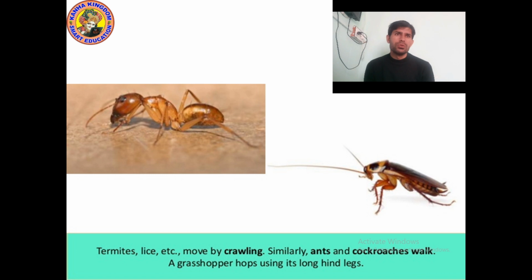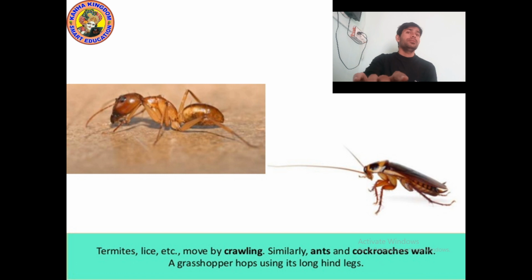Butterflies, mosquitoes, and flies have two pairs of wings that help them to fly. All insects cannot fly, all cannot jump, and all cannot crawl. Some insects can crawl, some can fly, and some can jump.